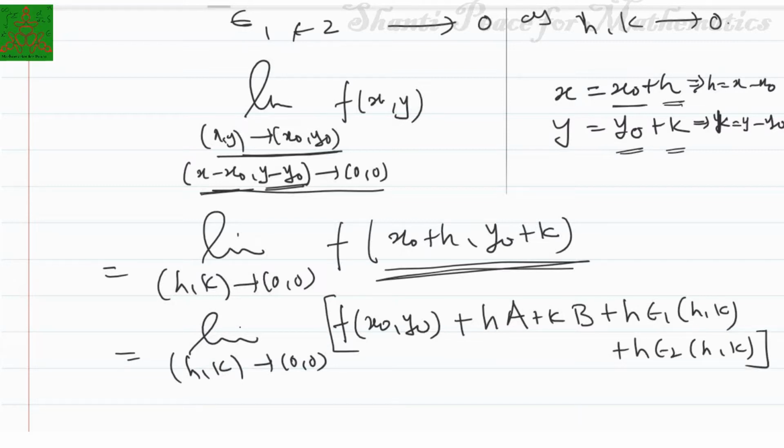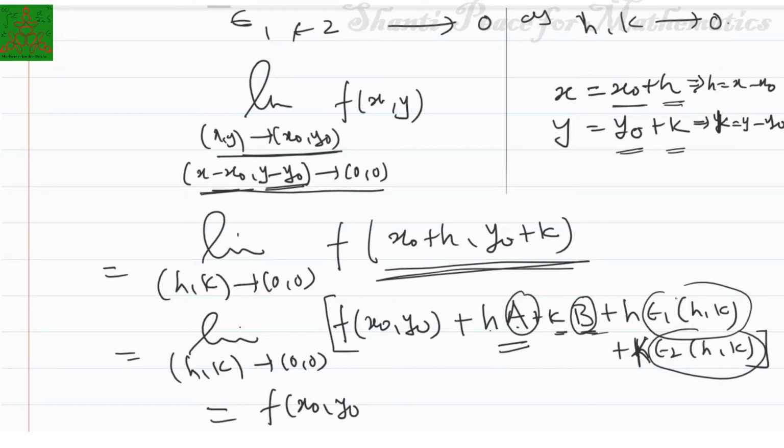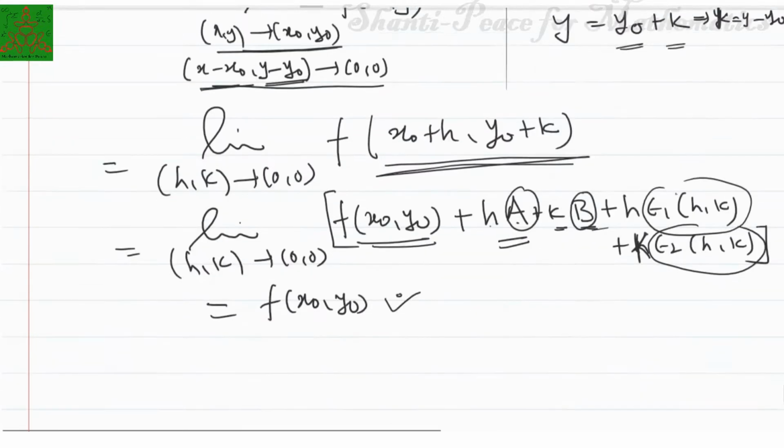Now as hk tends to 0 0, h a tends to 0 and k b tends to 0 because a and b are independent of hk. And as hk tends to 0, epsilon 1 tends to 0 and epsilon 2 also tends to 0, multiplied by h and k, so these quantities also tend to 0. So what is left is nothing but f of x0 y0, which is independent of hk.